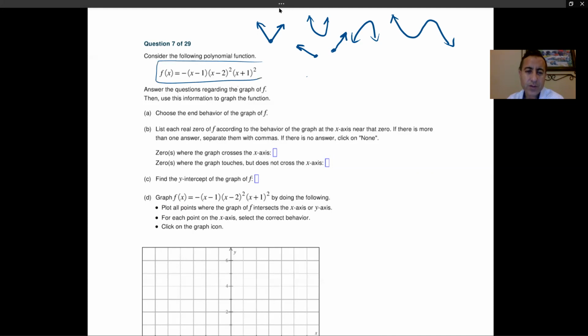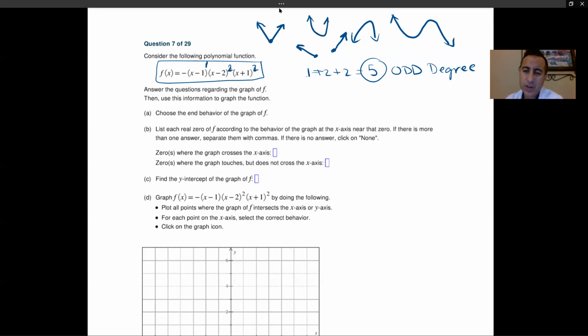We have f of x, and we're going to need to collect some information in order to have an idea about its graph. So let's put 1 here. This is a 2, and this is a 2. So 1 plus 2 plus 2 is 5, which is an odd degree.